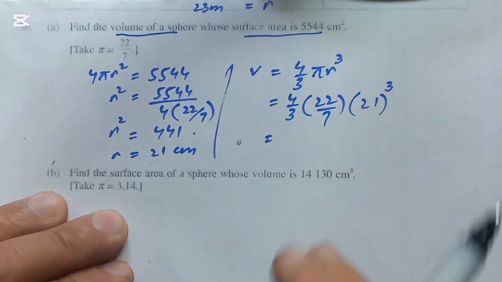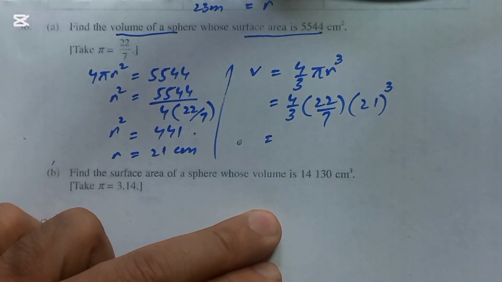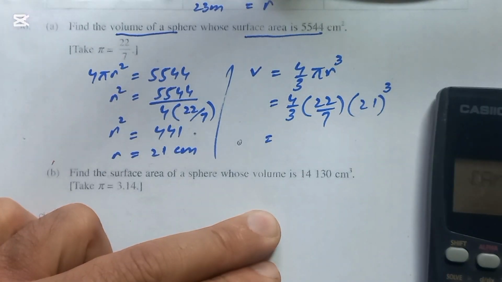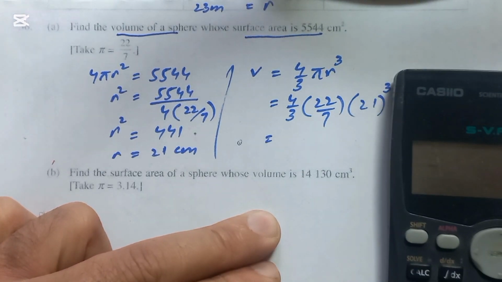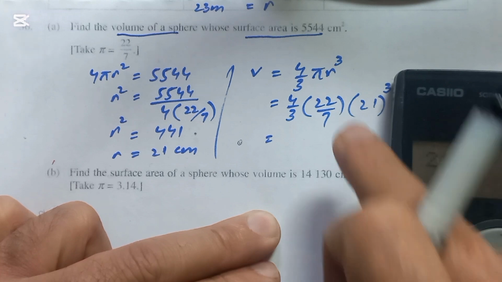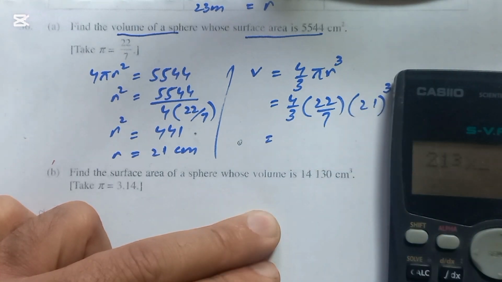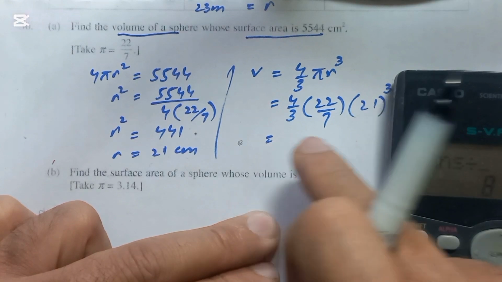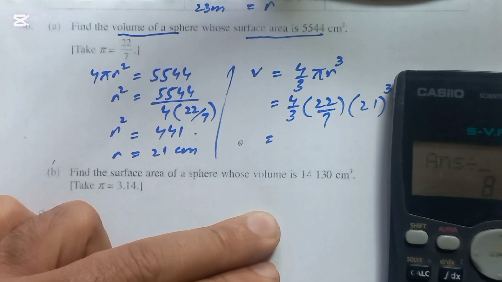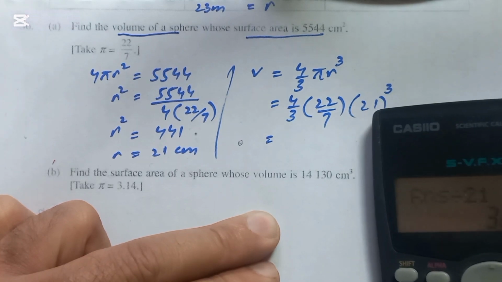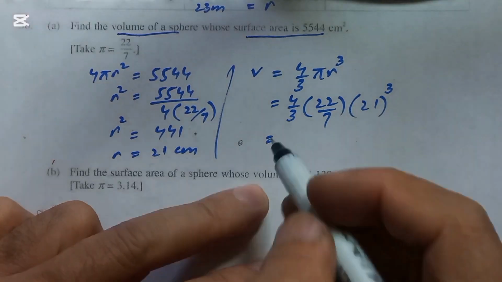So use the calculator again to solve these values. 21 cube, multiplied by 22, multiplied by 4, divided by 7, then 3s are 21. So the answer is 38.81.